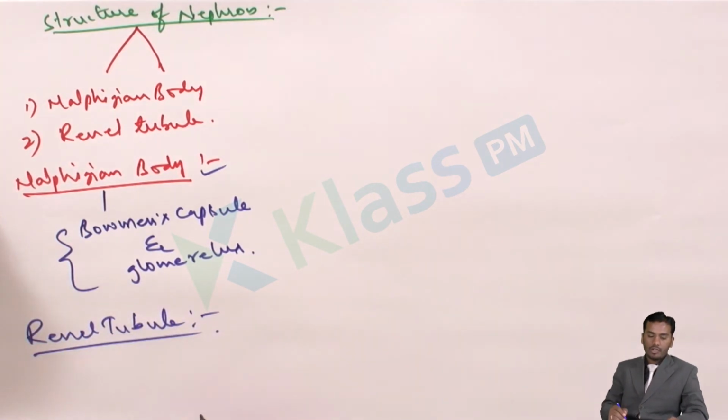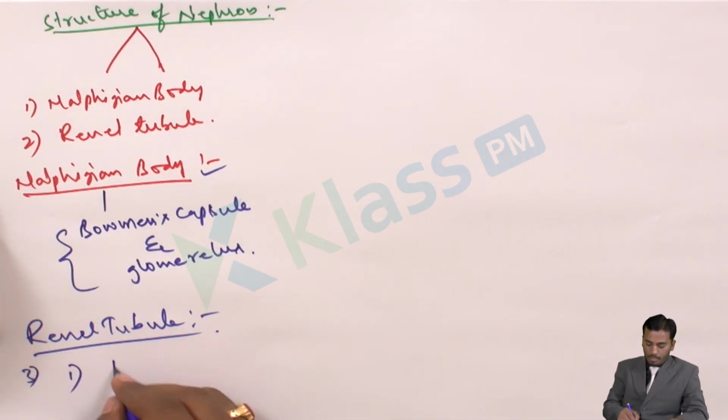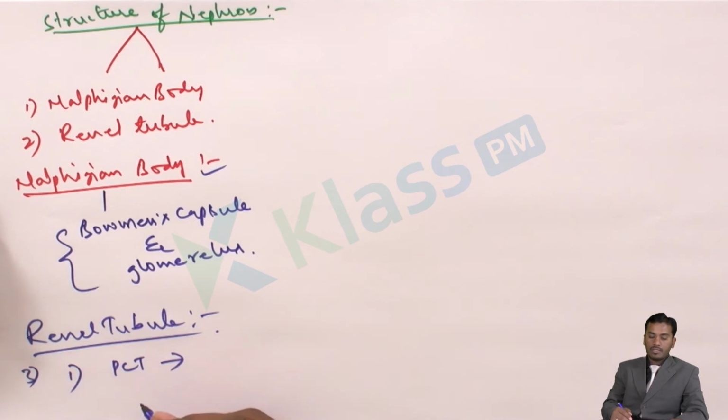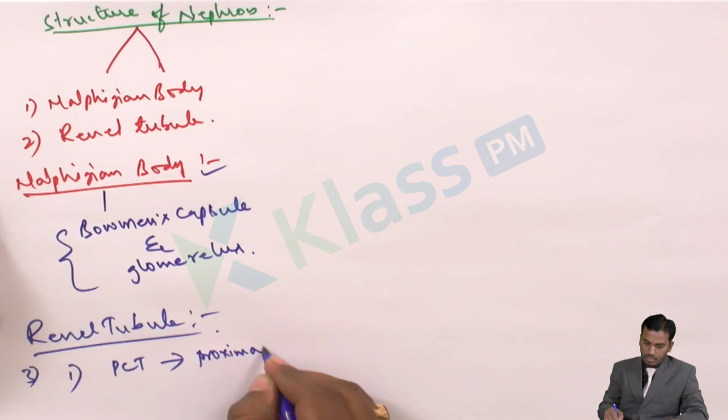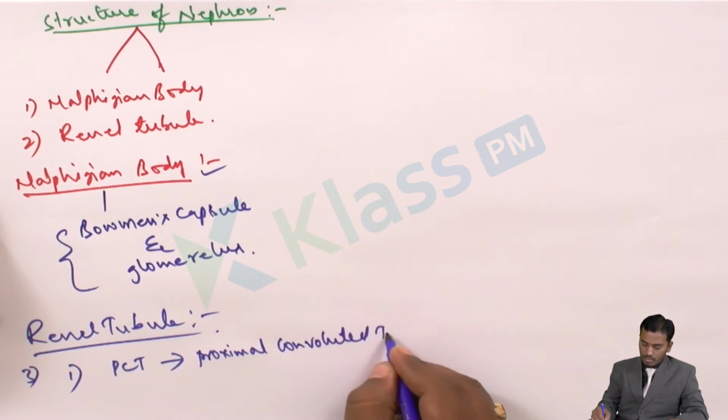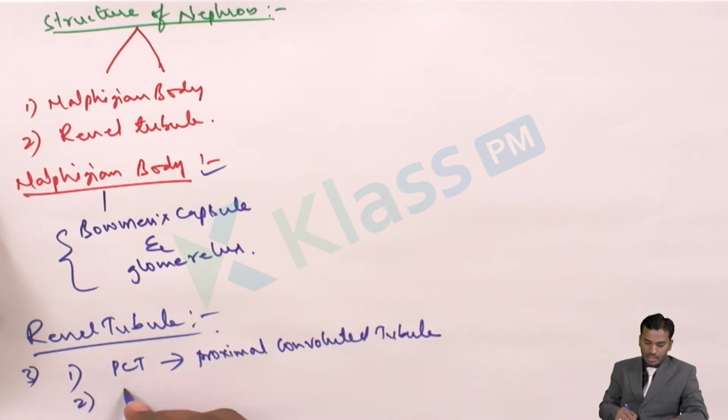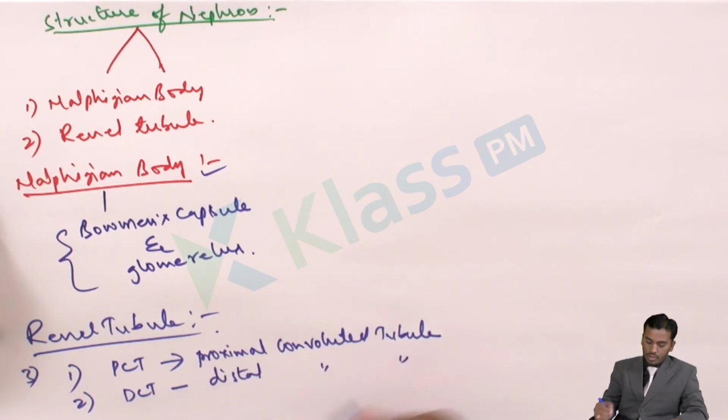What is this renal tubule? The renal tubule has three parts. The first one is the PCT, the proximal convoluted tubule, and the second one is the DCT, the distal convoluted tubule.